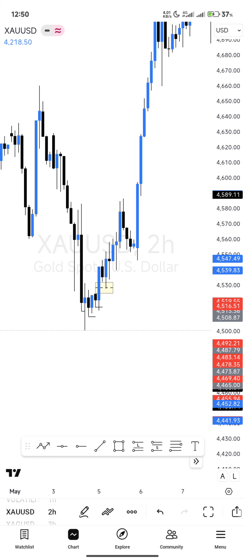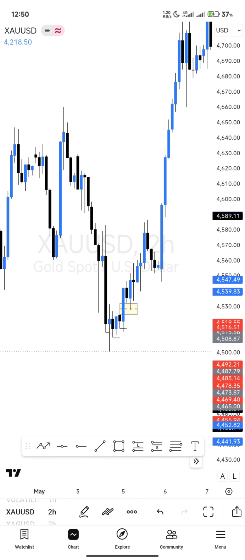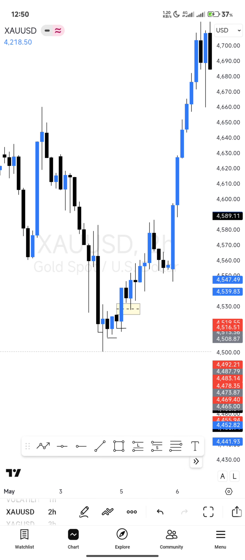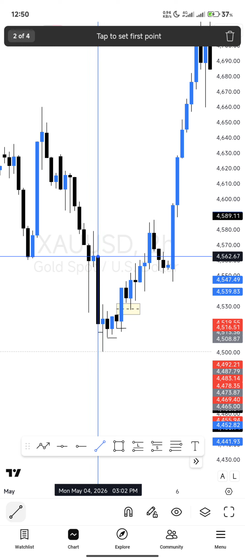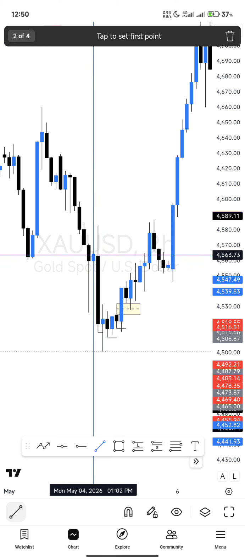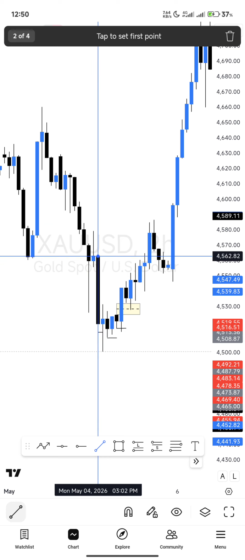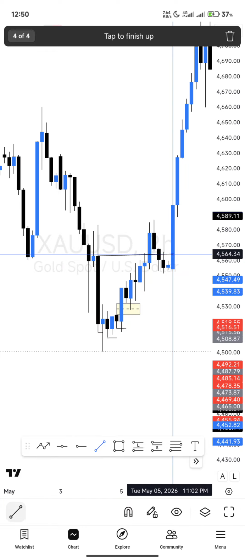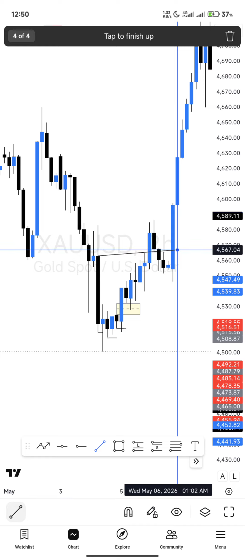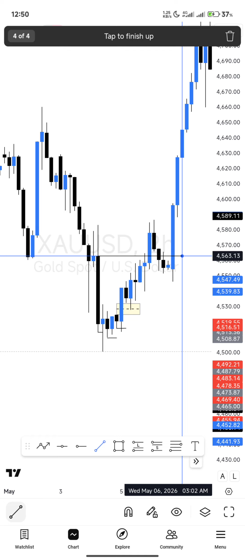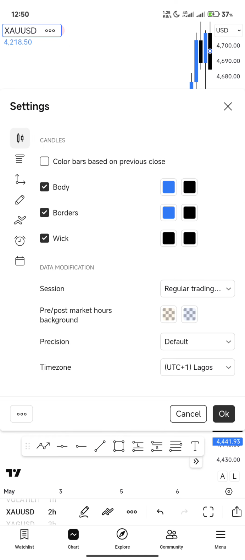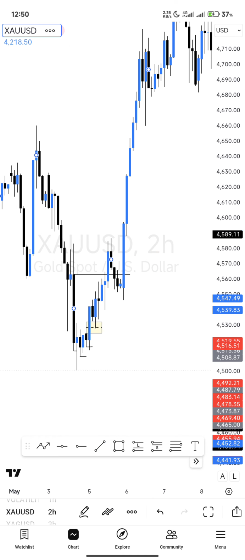Now some persons may also want to see price go above this bigger candle. So they want to see price close above it, and this is where they want to buy from. And you can see the persons that missed out the first entry bought from here. I hope you can see that.